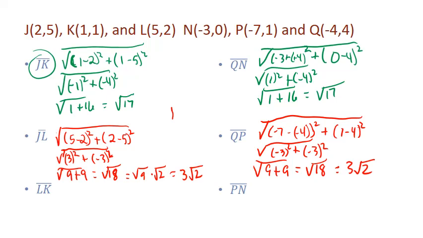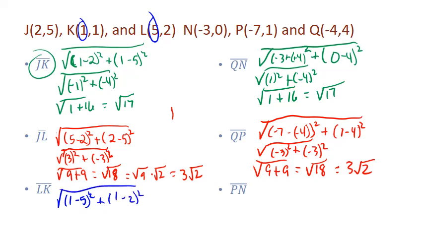Let's take on the last one. So let's say LK. We'll start with that. So my K coordinates are my number 2's and my L's are my number 1's. And so we're going to say the square root of 1 minus 5, here the K1 L5 squared, and plus, using the y coordinates, 1 minus 2 squared.